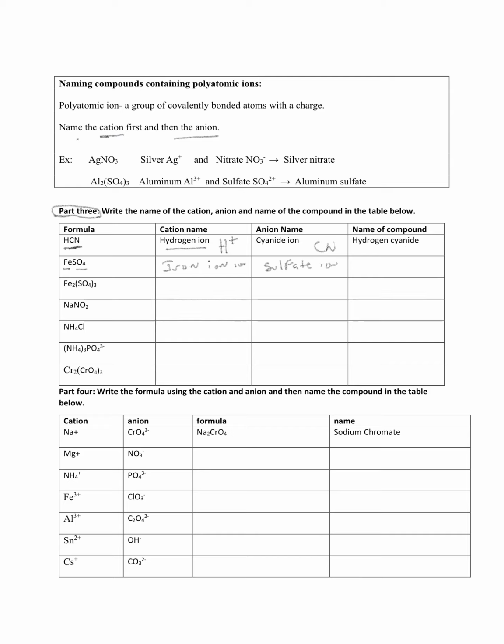Now, when we write the formula, we need to know what the charge of the iron is. So let's take a look at the two possible charges for iron. Fe can have a charge of +2, or it can have a charge of +3.